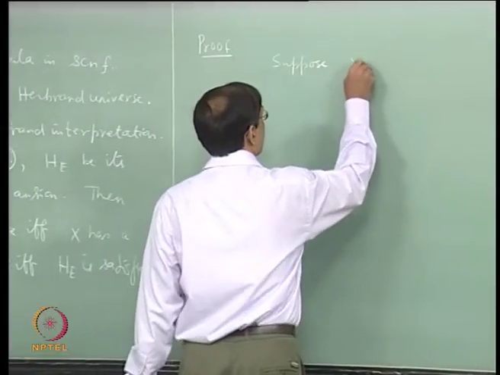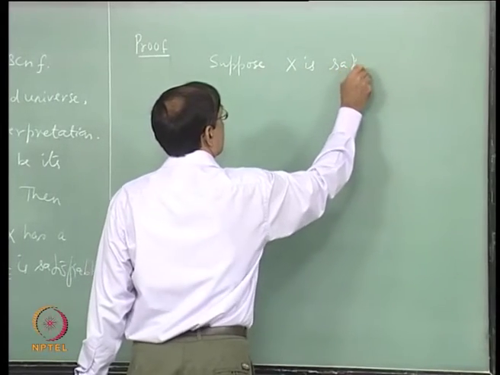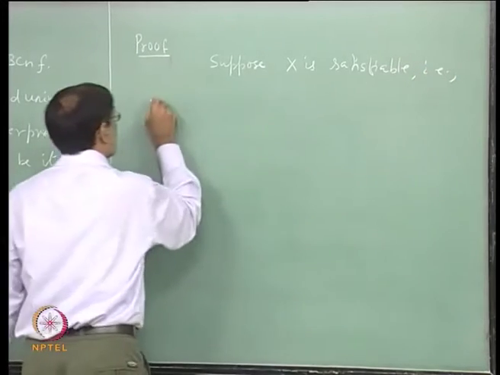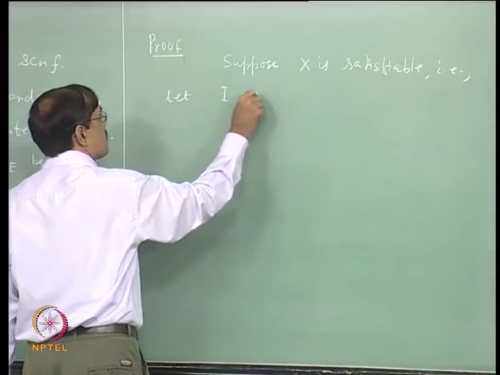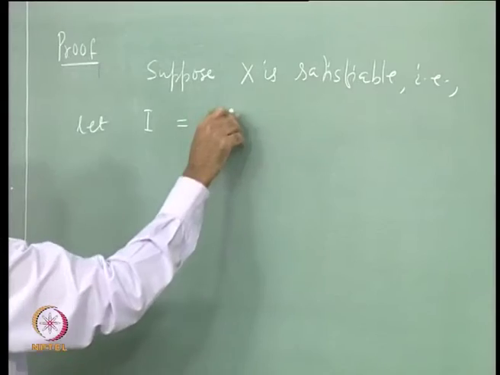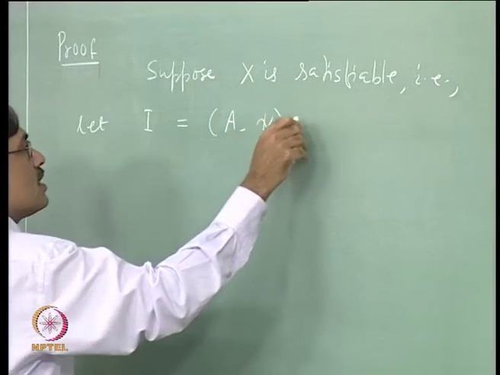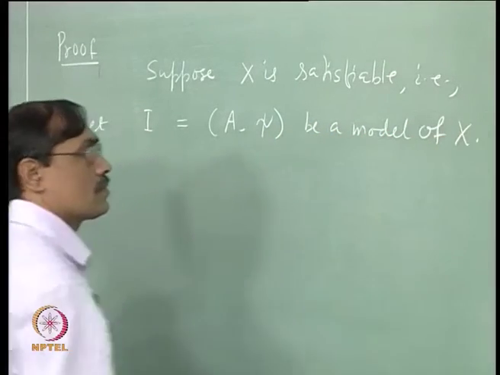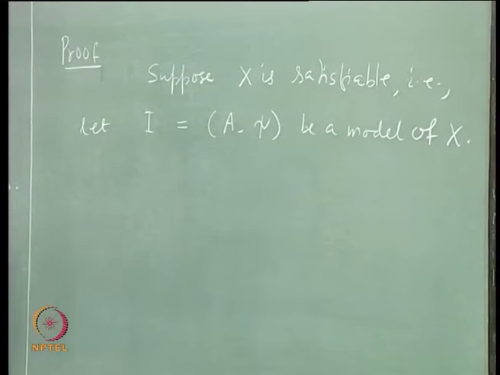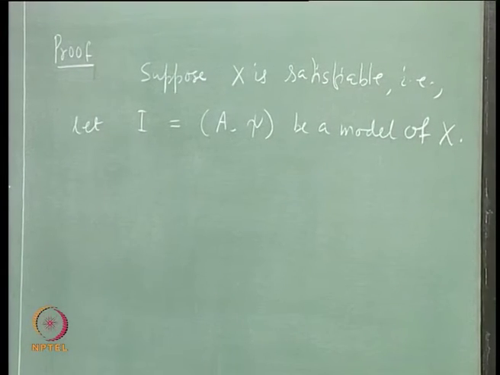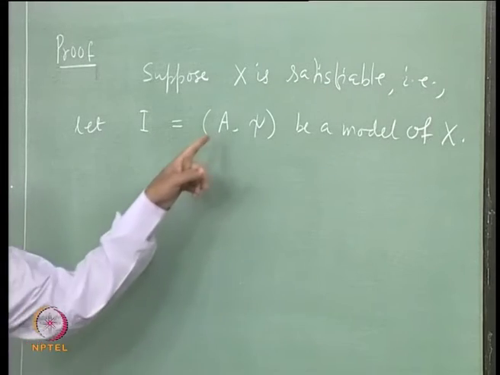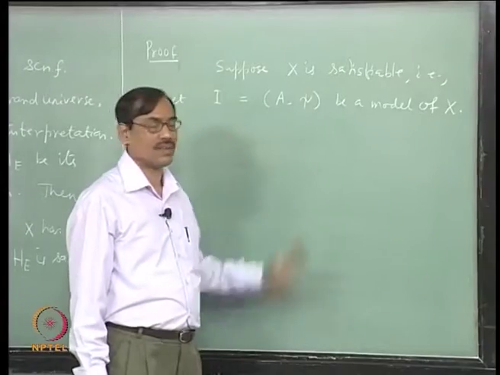So, once X is satisfiable, it will have one model, that is, let I be equal to, we can't use that D, let us write say A, psi be a model of X. So, A is some non-empty set, psi is that map which interprets the predicates, function symbols and constants in it, okay, and they will map always to A. A is our domain now.